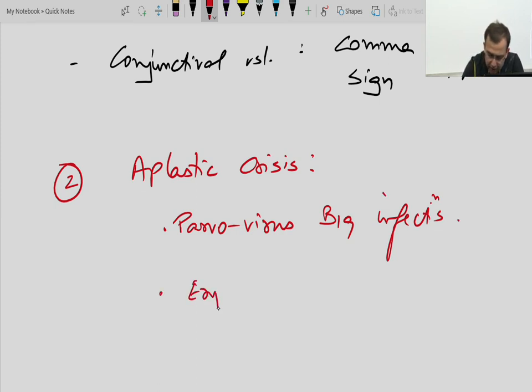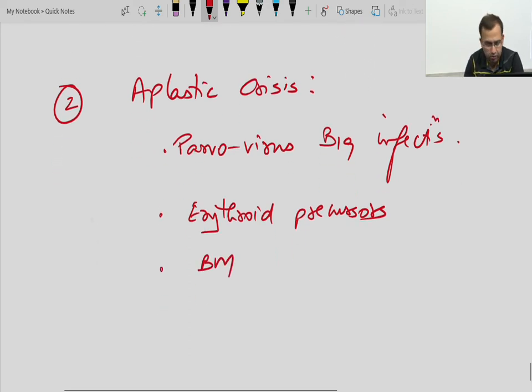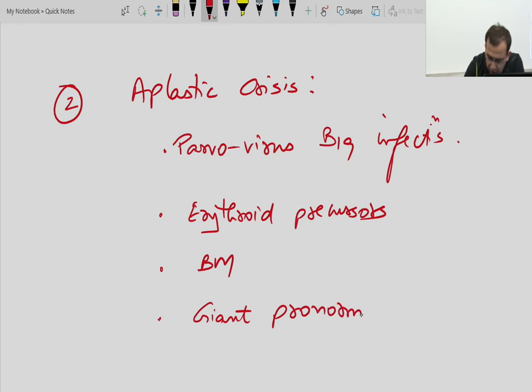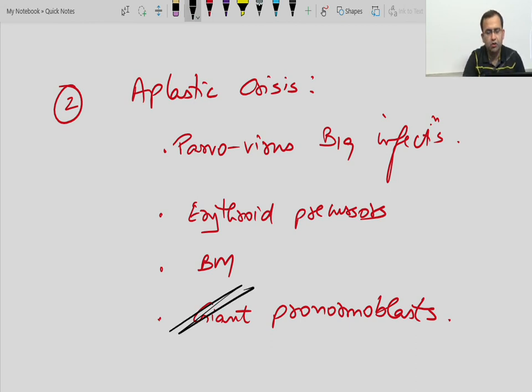It infects the erythroid precursors in the bone marrow, leading to the formation of giant pronormoblasts. This is aplastic crisis, and this was what was asked in the image: giant pronormoblasts, aplastic crisis.